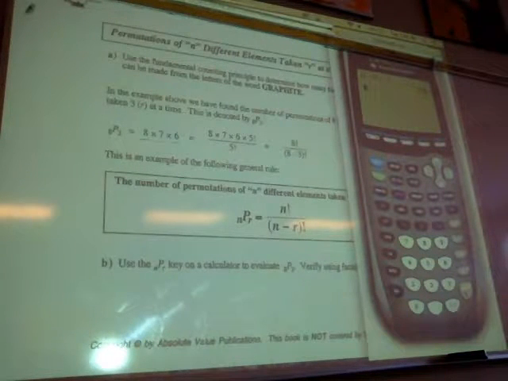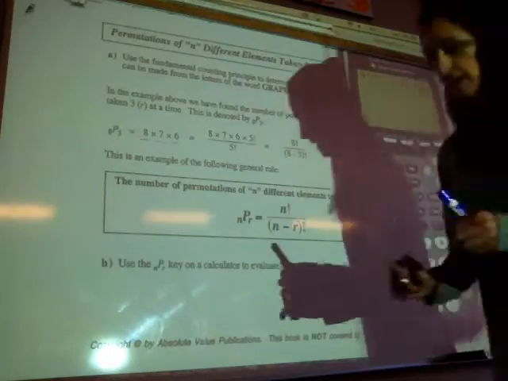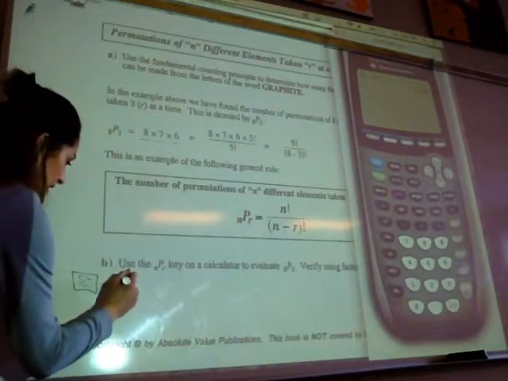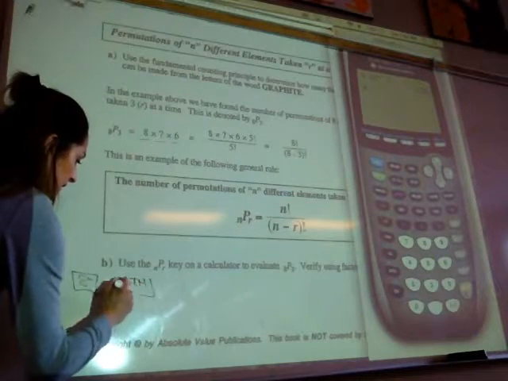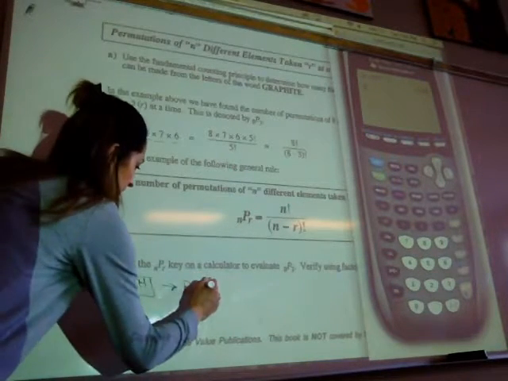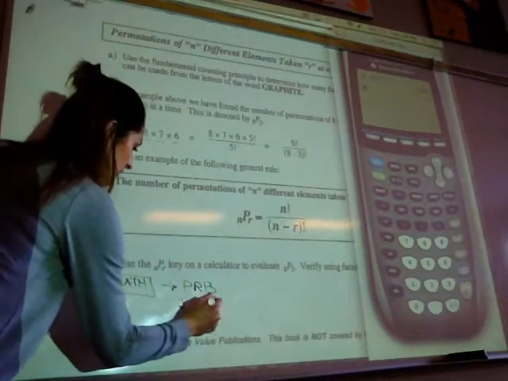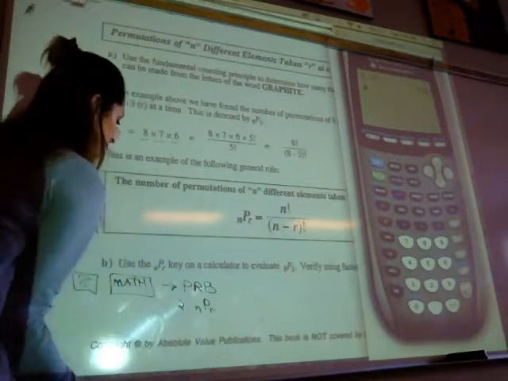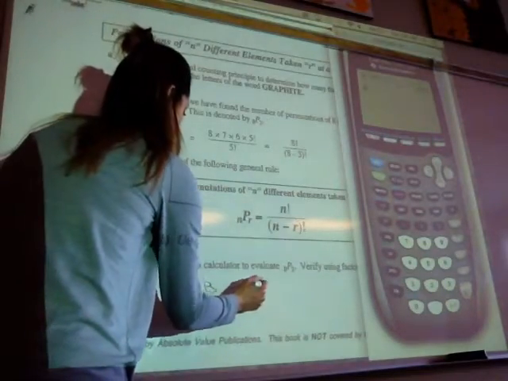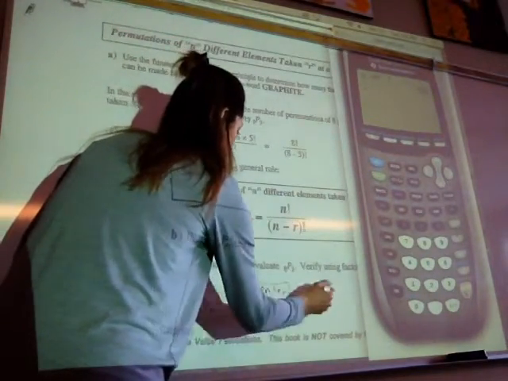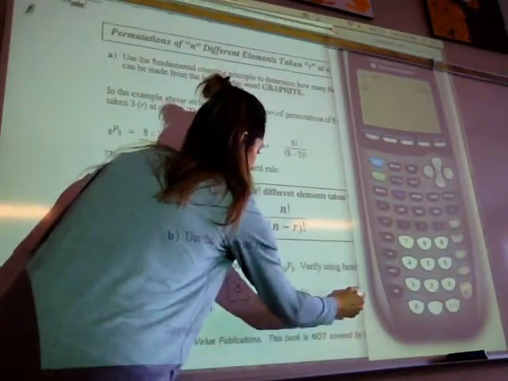You get 336. So I'll just go through that again. First you press the 8 key, then you go math, over to probability, number 2 for nPr, and then after that you put in the number 3 and enter. You should get 336.